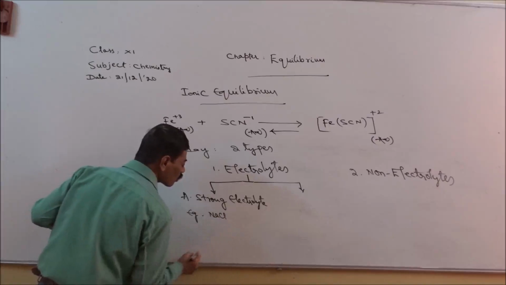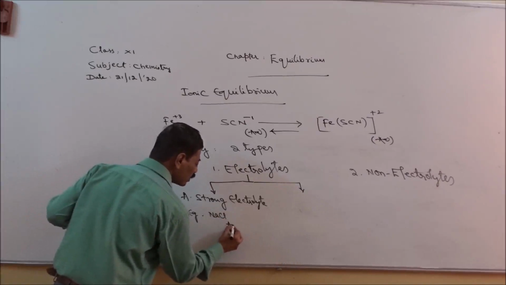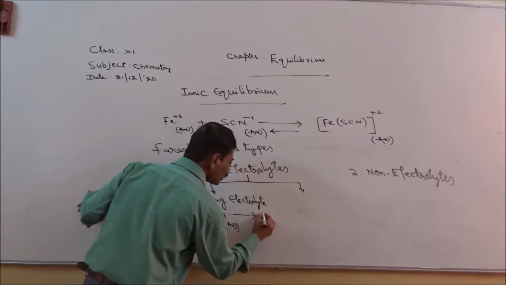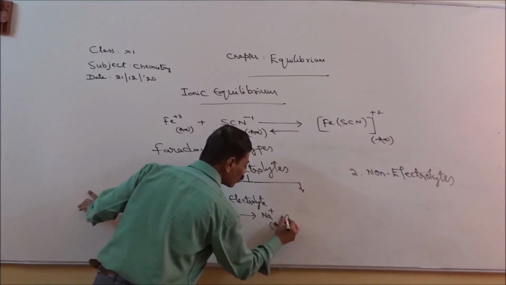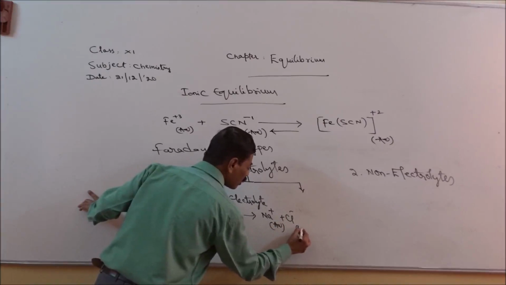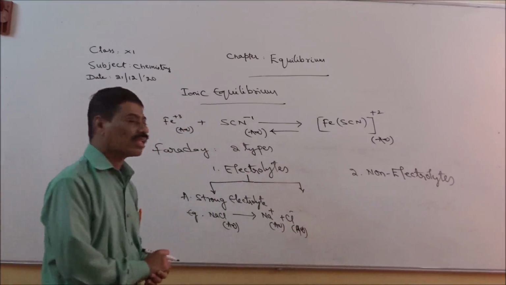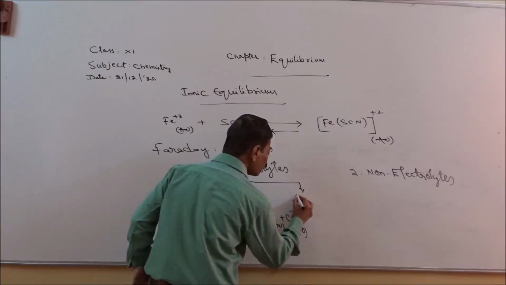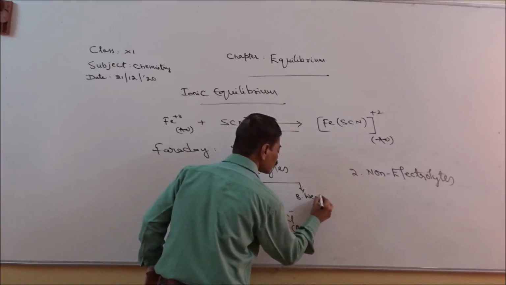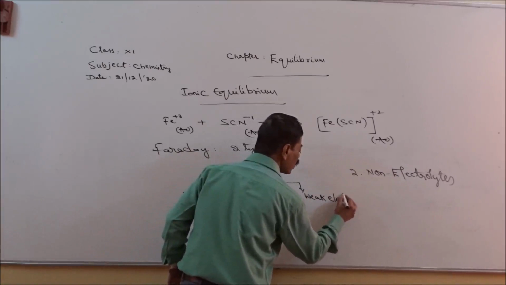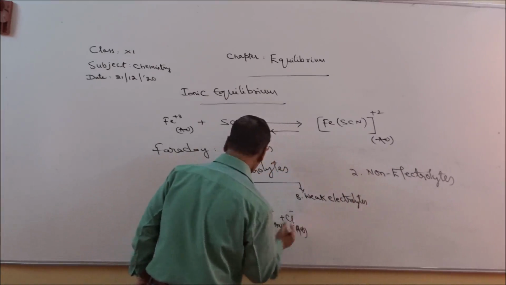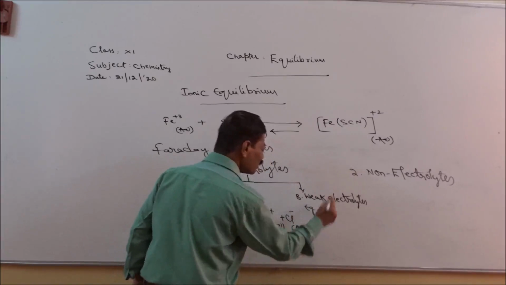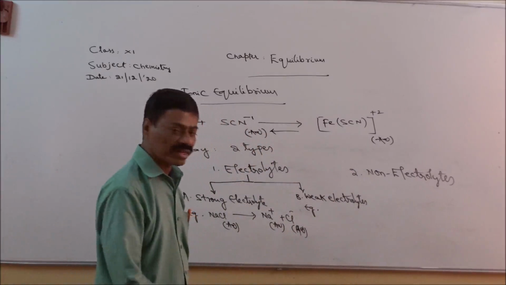This sodium chloride in aqueous medium undergoes ionization to form sodium cations and chloride anions very fast. Next, second type, weak electrolytes. Weak electrolytes are those substances which undergo ionization very slowly in aqueous medium.